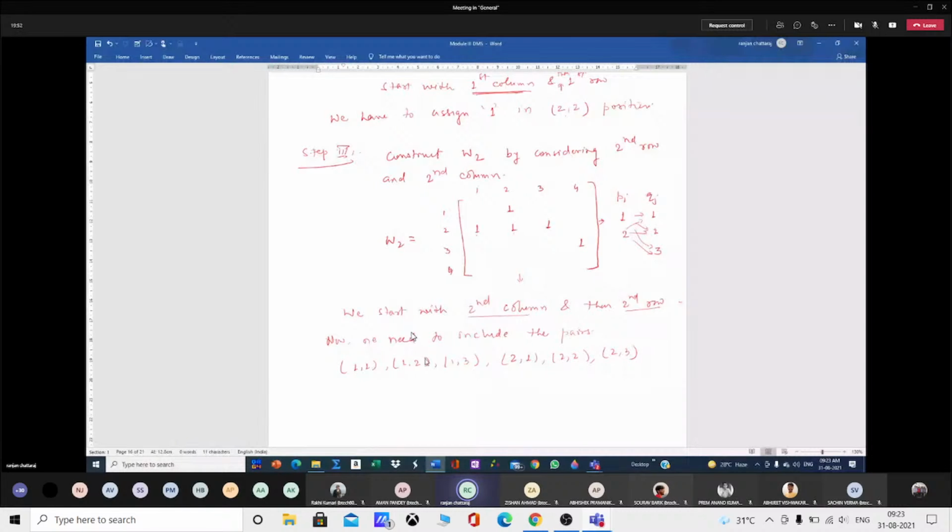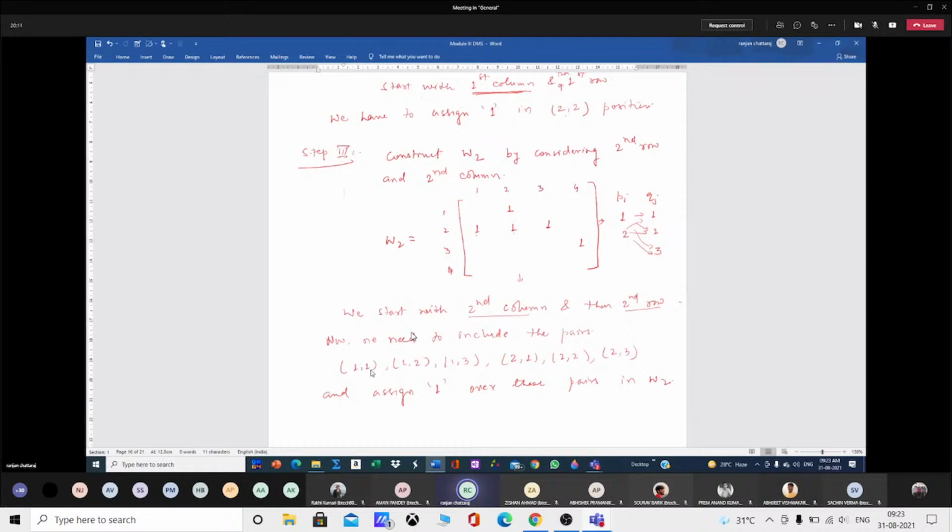So we need to include these pairs and assign 1 over these pairs in W2. So now assign it.